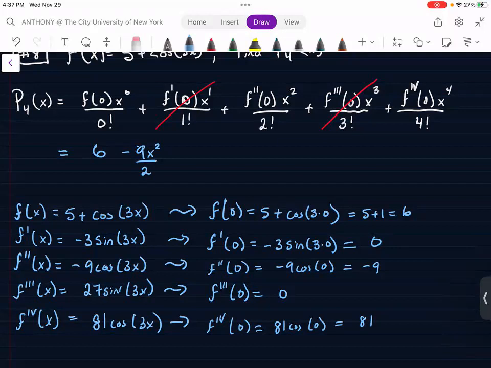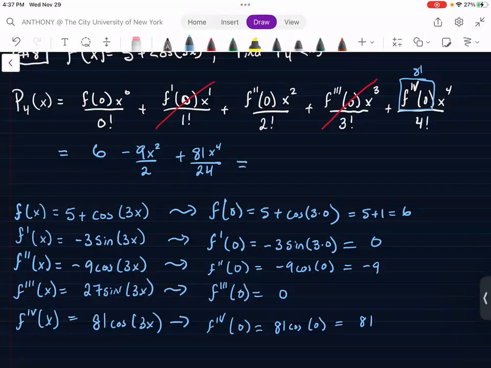And for the next term, we know this piece is 81, so it's going to be positive 81 x to the fourth over 4 factorial. So 4 factorial is 4 times 3 times 2 times 1. 4 times 3 is 12, 12 times 2 is 24. Now that's a good answer.